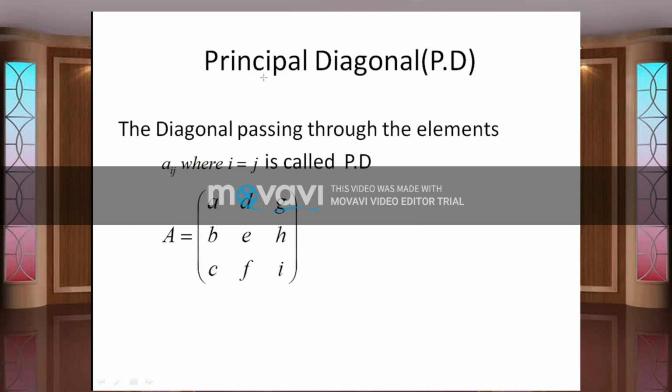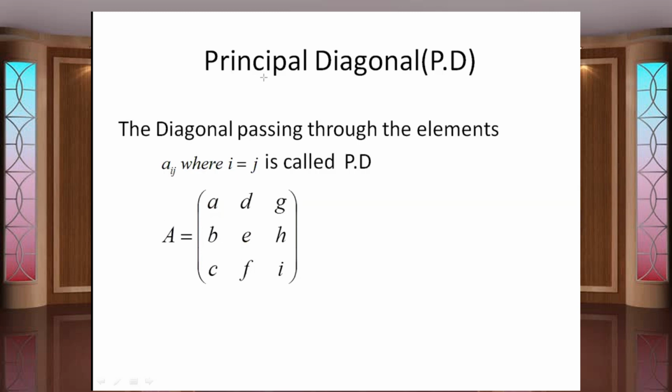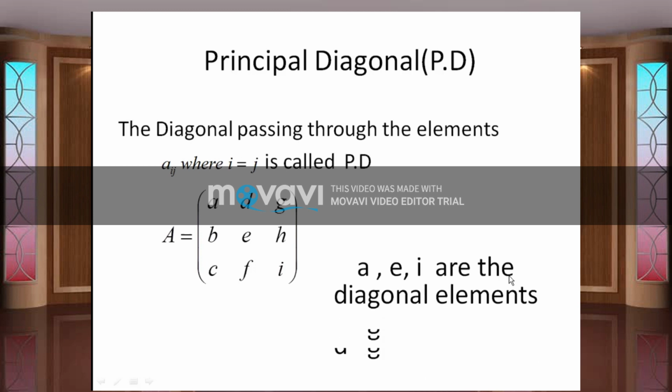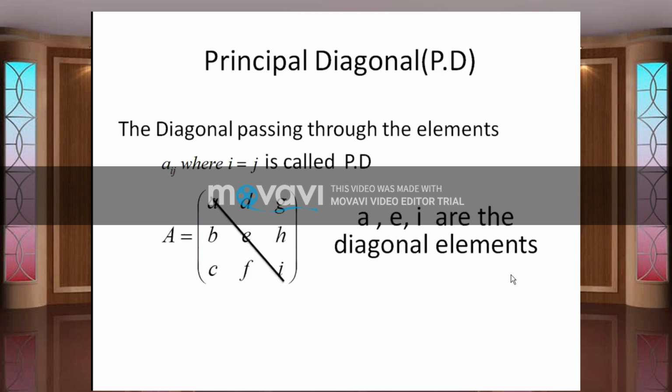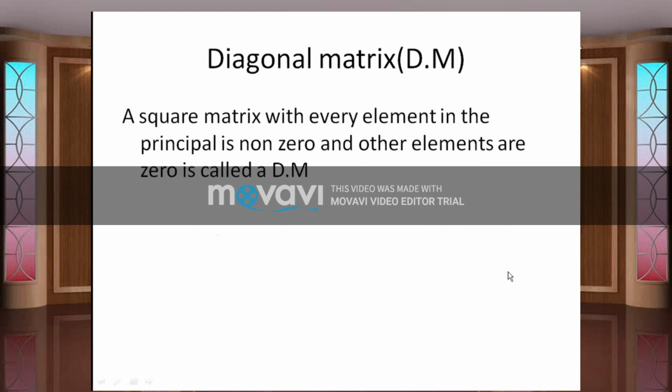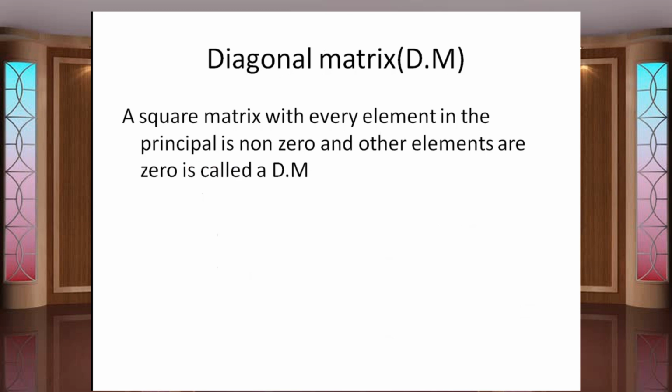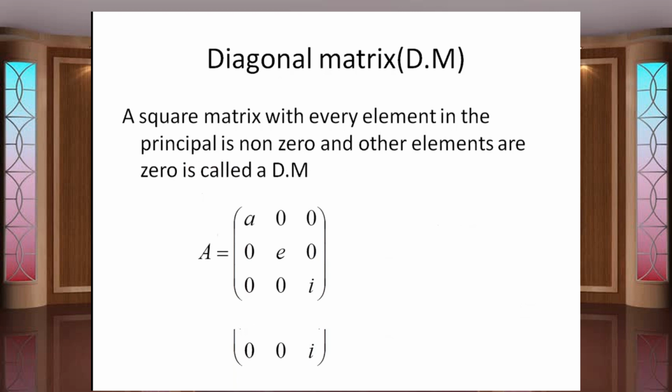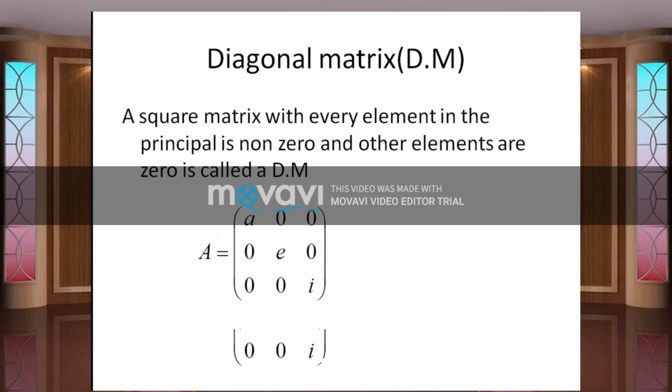We have to know this for the next definition. Okay, so no problem. We are going to the next definition. These are the diagonal elements, and they are shown like that. Okay, so let's know the diagonal matrix, which in short form can be written as Dn. First I should show the example. Here you can see that only the main diagonal elements are non-zero, but all other elements are 0.